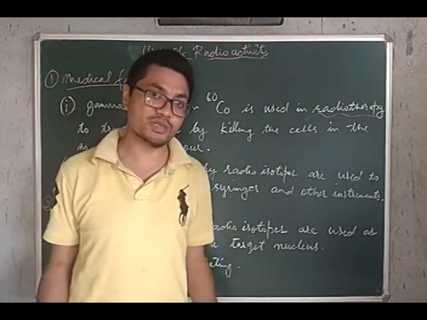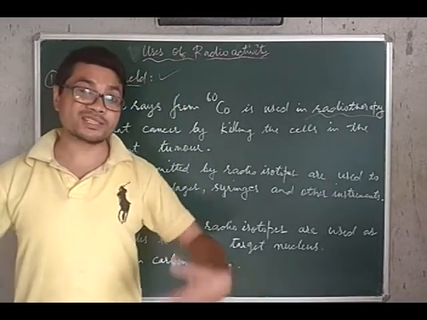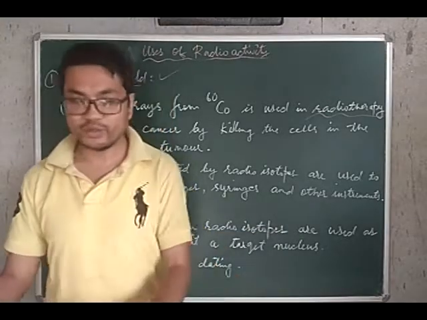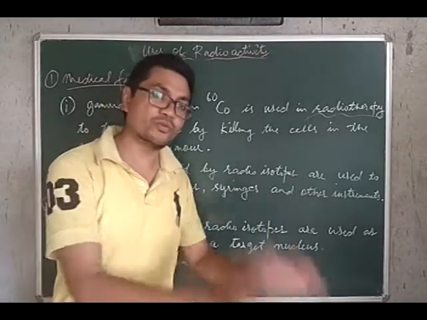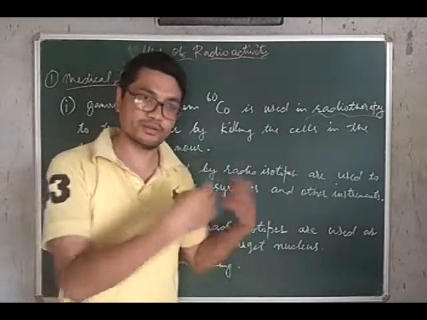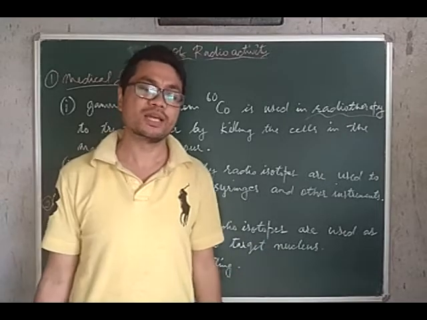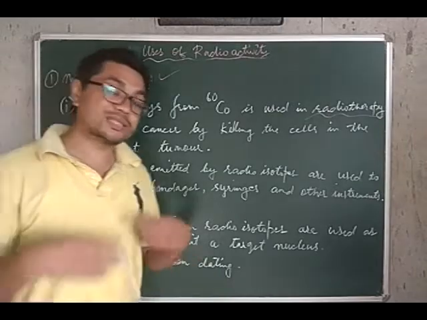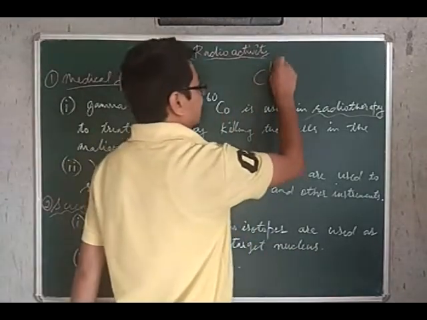Now what is radiocarbon dating? In radiocarbon dating you excavate a very old archaeological site or very old rock. In order to know the age of that very old rock or archaeological site that has been discovered, people use radiocarbon dating, in which they study the rate of decay of carbon 14.